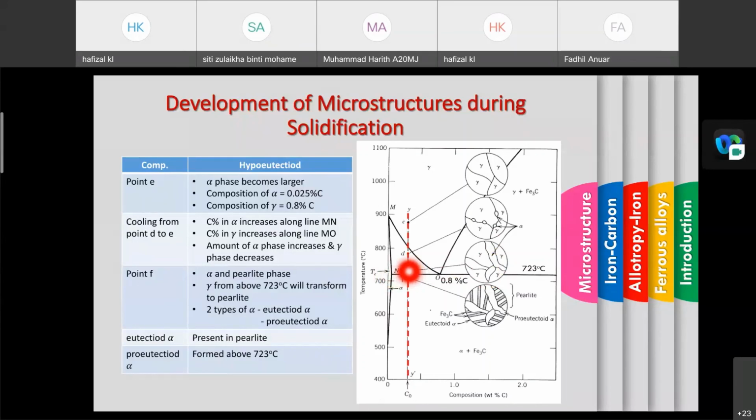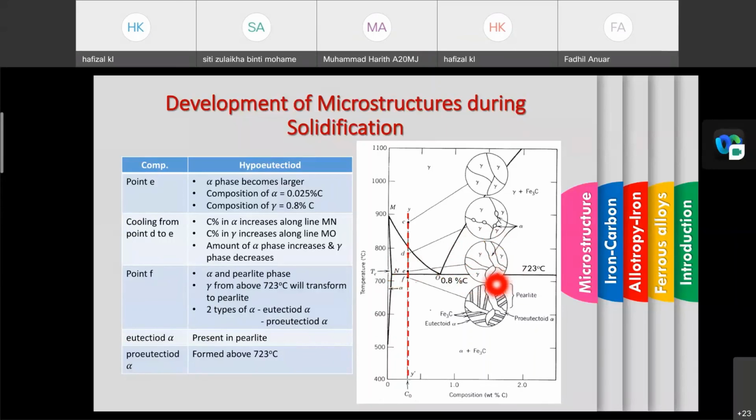To make it easy, we can get the value at this point and also at this point. For the composition of alpha, we can straight away get the value of 0.025, and for the gamma area, the composition is 0.8 percent here.